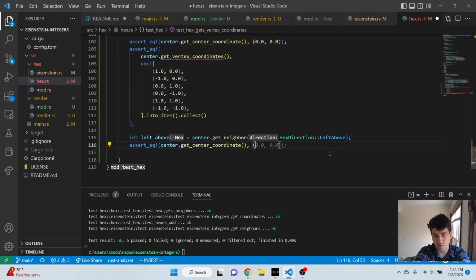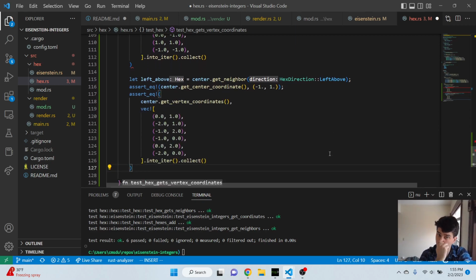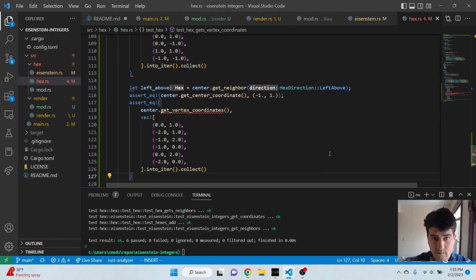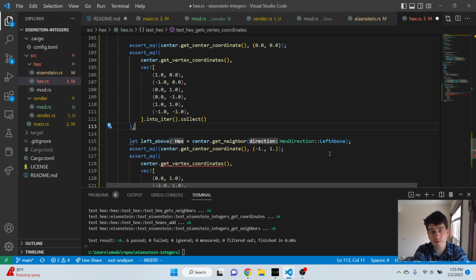So left above will be at negative 1, 1. And vertex coordinates, and I'm going to trust that it did the math right. Looks like it. Whoops, I think I'm missing some semicolons.